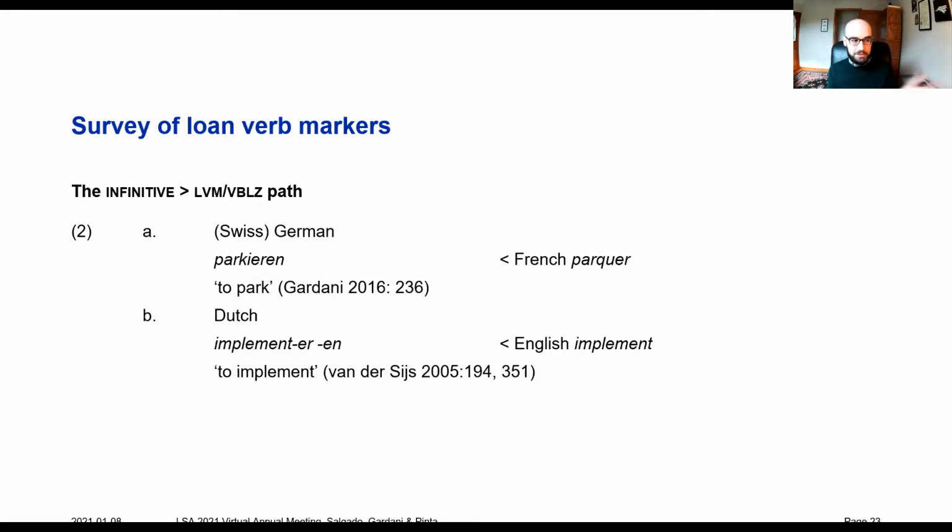But for instance, if we take 2b, we see this English loan implement, and then Dutch, in order to make this a Dutch verb, we see en, which is this native Dutch morphology there, and then there's this ed, and this ed is what we're interested in. This originally was the Romance infinitival marker. It came specifically from French in this case, and we see the same thing in Swiss German. There are examples of this abound.